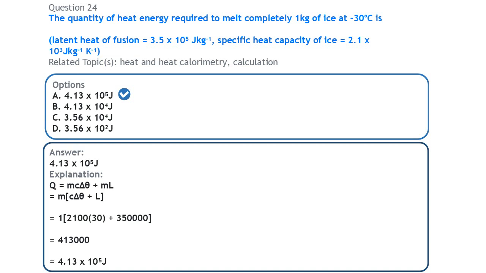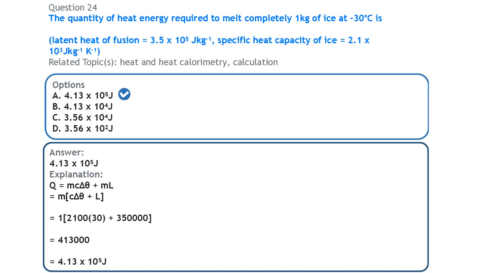Alright, we say the quantity of heat that is required is equal to MC delta theta, where M means the mass of the body. We are dealing with ice here, okay, the mass of the ice times the specific heat capacity of the ice and the change in temperature, plus the latent heat, the mass of the ice times the latent heat of fusion, okay.